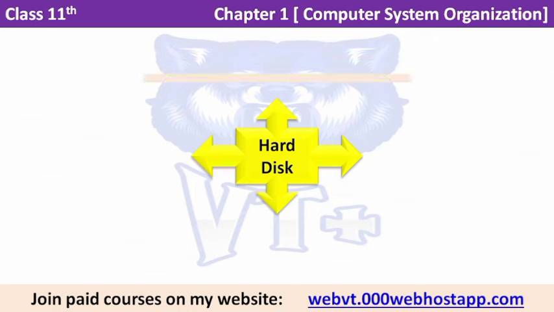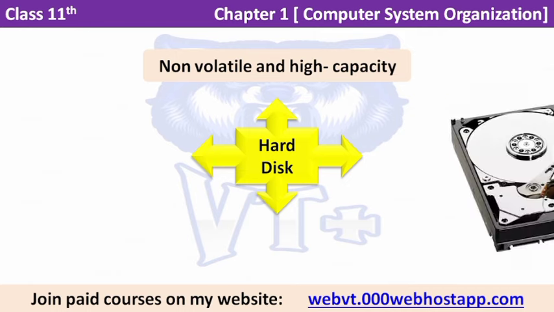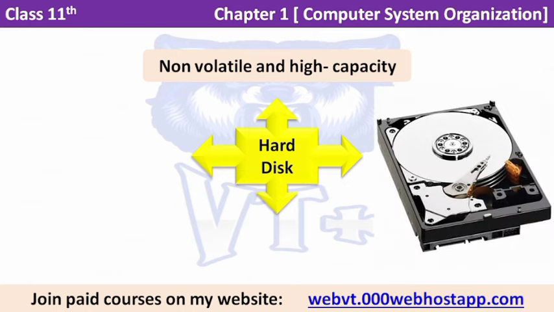A hard disk is a non-volatile and high capacity memory ranging from 1 gigabyte to several terabytes. It consists of rounded disks, you can see in the image, packed on one another, made up of a magnetic material and sealed inside a case.